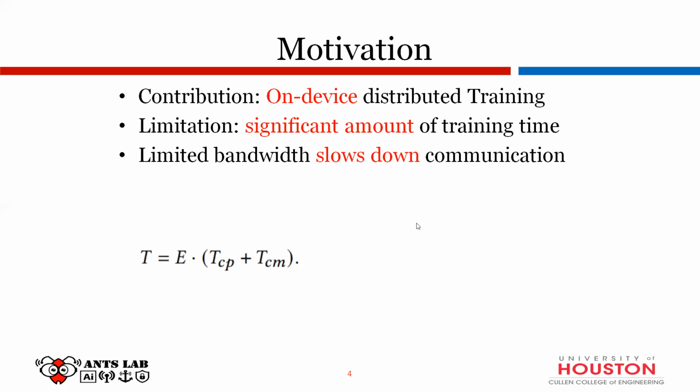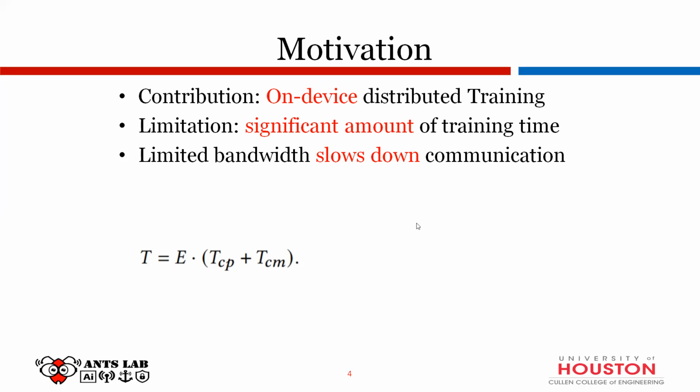So here is a very simple formula. It's just saying the total time is E, which stands for the epochs, the iterations of training, times TCP, the time for computation, plus TCM, the time for communication. So these factors affect the total training process.